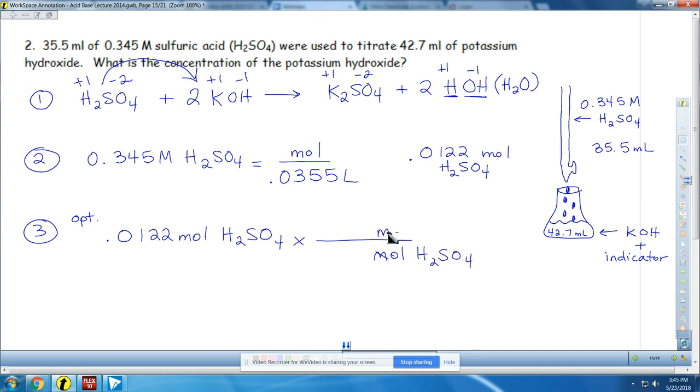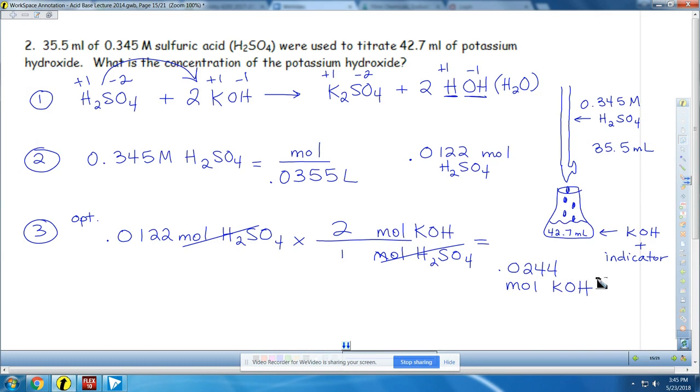I want to switch it over to the unknown, the KOH. And yeah, it's a 2-to-1 ratio. I can cancel moles of sulfuric acid. And now this is pretty manageable, right? 0.0244 moles of KOH.